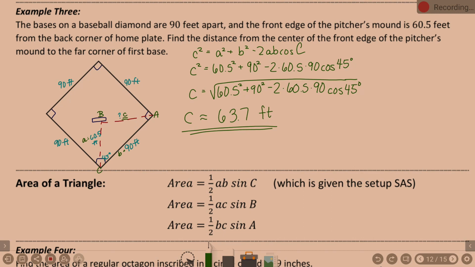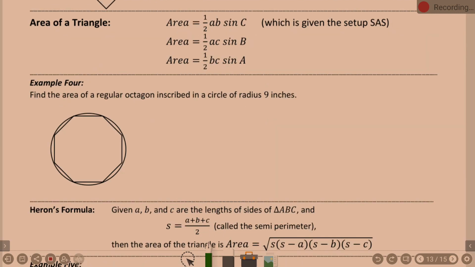We have 2 other kind of formulas here that are just handy-dandy little formulas to use. One of which is an area of a triangle formula. Now, I know you guys are like, oh, we know area of a triangle. You do, the 1/2 base times height. However, this is area of a triangle based on the side angle side setup.